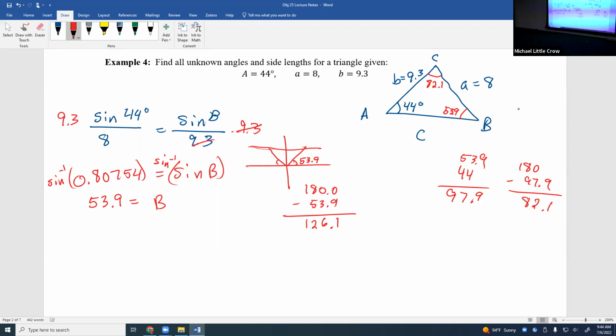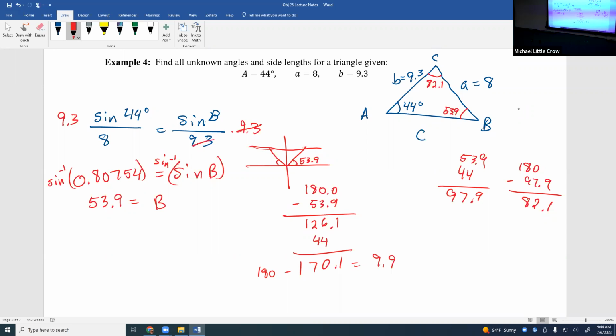Could we make a triangle with 44 degrees and 126 degrees? 126 and 44 is 170. Oh yeah, there's 10 degrees left, right? Take 180 minus that, that's going to be actually 9.9 degrees.